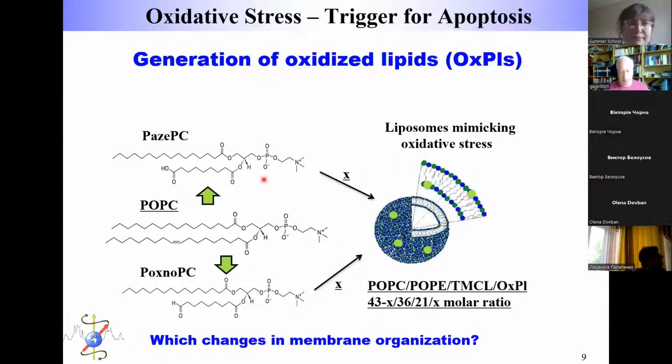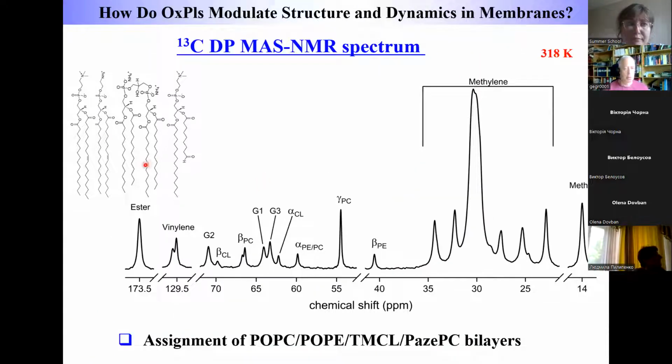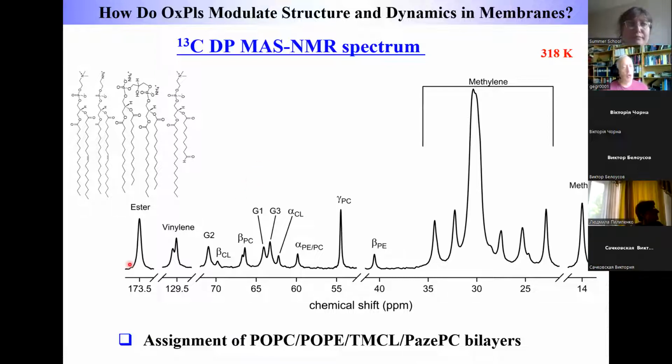And what is nice with the lipids is that you can also do solid state NMR. I only show an example. This is a carbon-13 solid state magic angle spinning NMR spectrum, carbon-13 direct polarization. You see all carbons. You can make a fingerprint with your NMR machine where you can look at all the different carbons in your membranes.